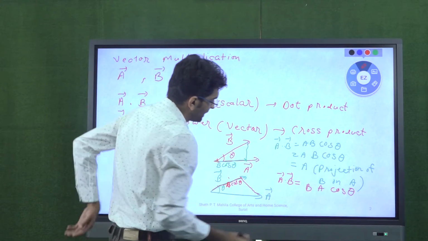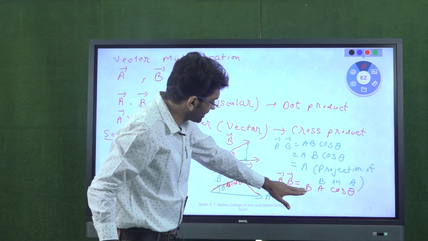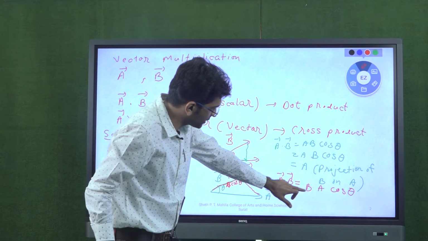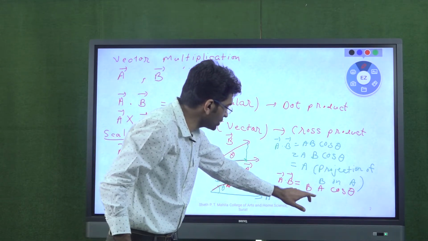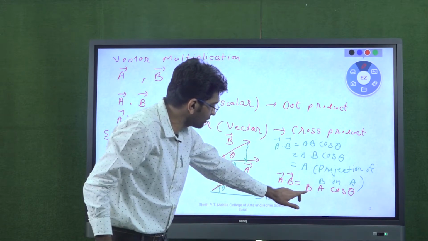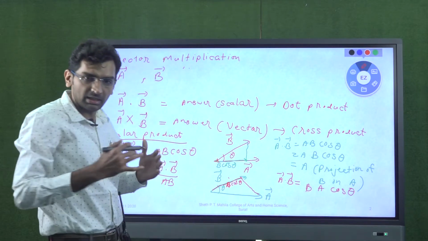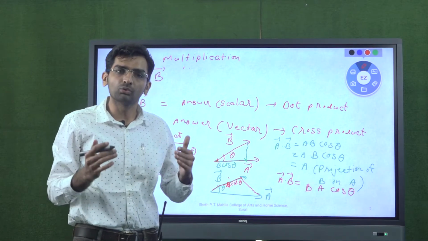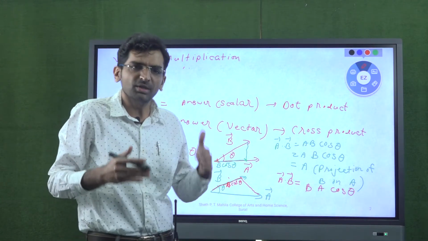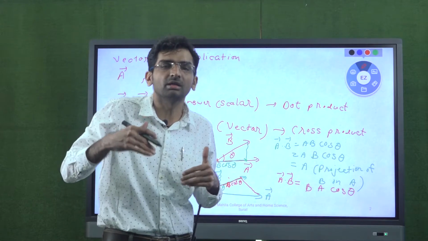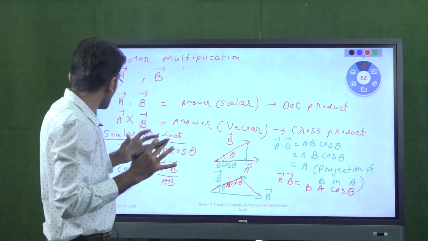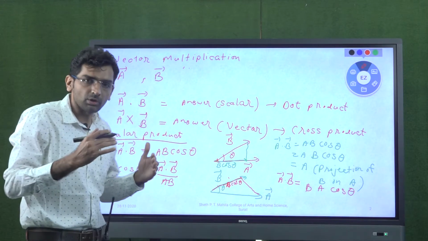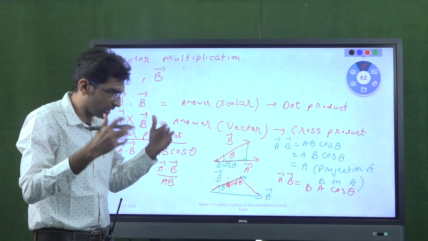So this is simply the magnitude of one vector, here the magnitude of vector B, multiplied by the projection of vector A in the direction of vector B. So basically this scalar product of two vectors is again the projection of one vector in the direction of the other vector. So this is all about the scalar product of vectors, right?